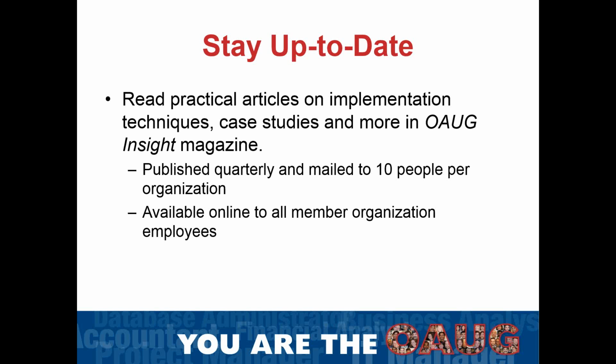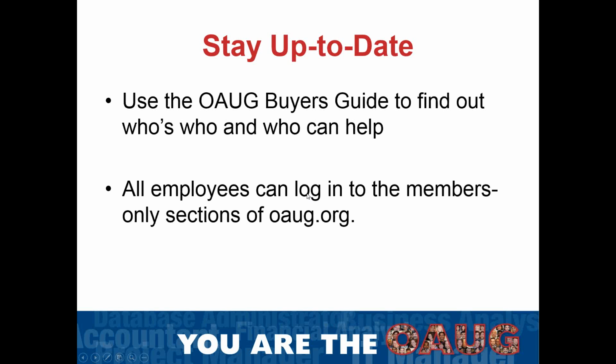And you have the opportunity to designate who those 10 hard copies go to. And while we do only send 10, of course, the entire magazine is available online on our website to all of our members with a login. And if you ever have any questions about that, we encourage you to give us a call, and we'll be happy to help you figure that out.